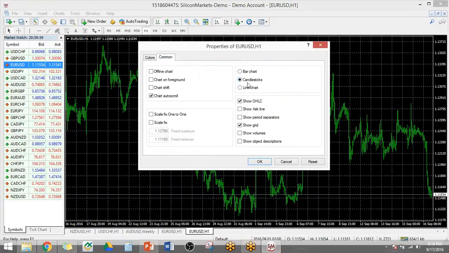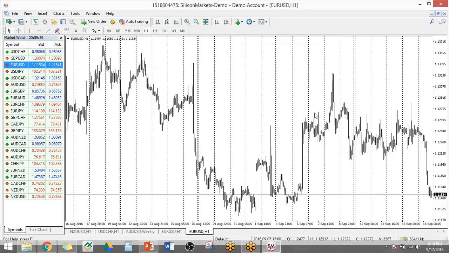And I'll go with candlesticks because that's what we're using to analyze the charts. I put on period separators so that I know where the whole day ranges, and a week or maybe a month. And then I take out the grid because it kind of looks messy for me. I don't really need it. So I click OK, and then there you go.